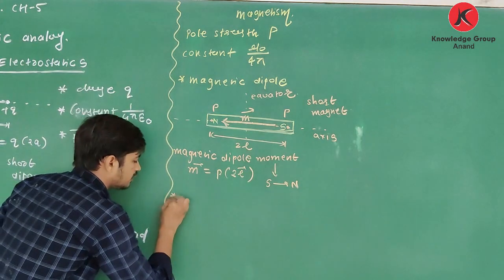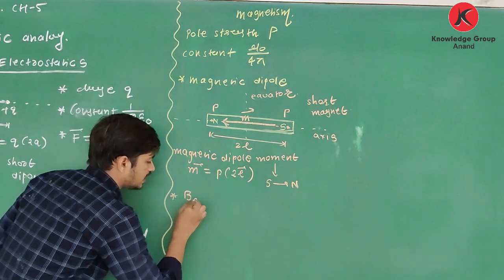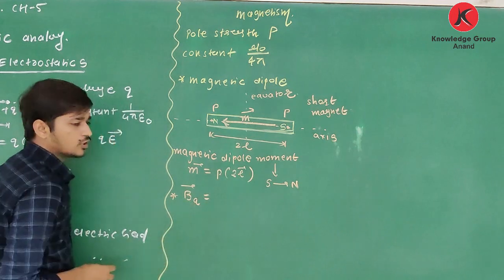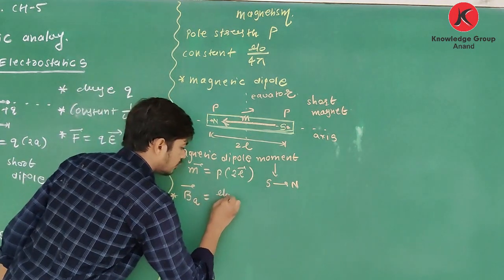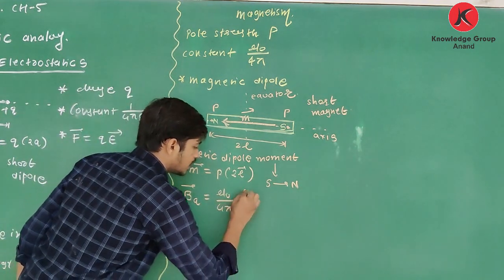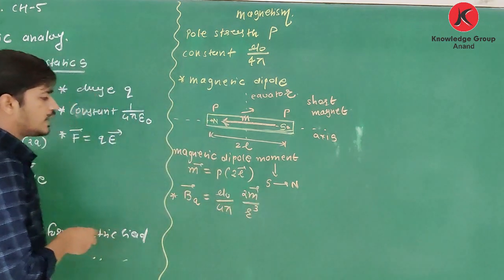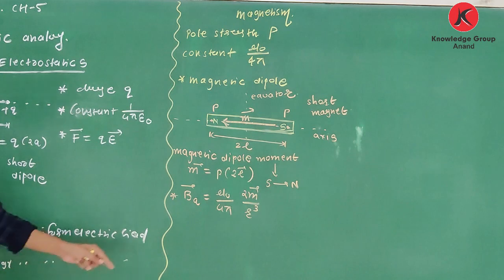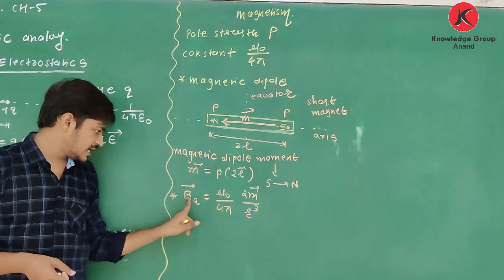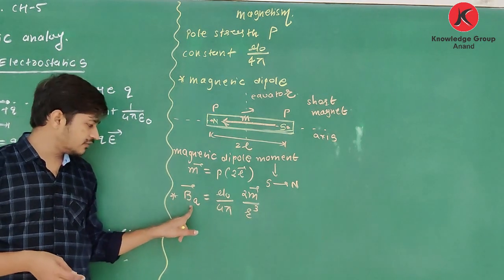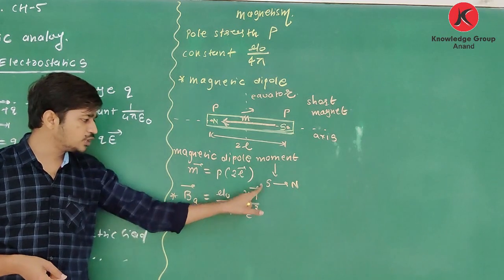We know that the magnetic field on the axis, BA, is equal to mu 0 upon 4 pi into 2M upon r cubed. Yes, we obtained this result in the previous lecture.